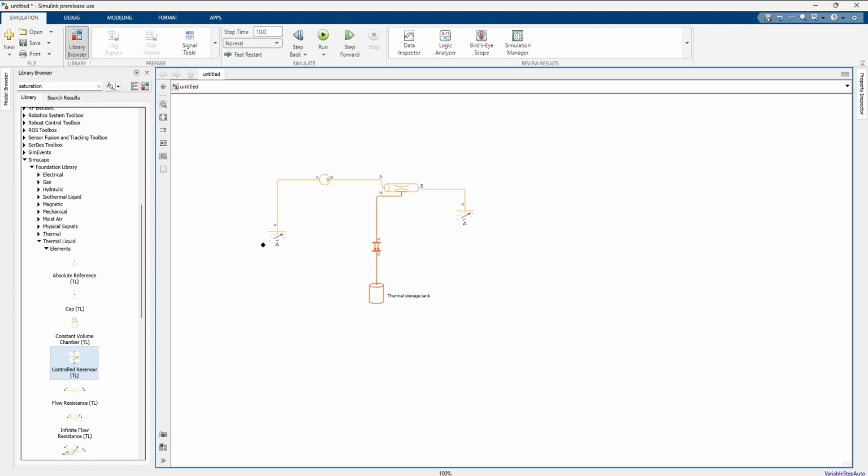In the charging phase, we put a fluid with a higher temperature into the system to charge this tank. And in the discharge, we are going to use the heat inside this tank. So the temperature of the fluid which goes through this pipe and this heat exchanger should be lower. So let's do this.